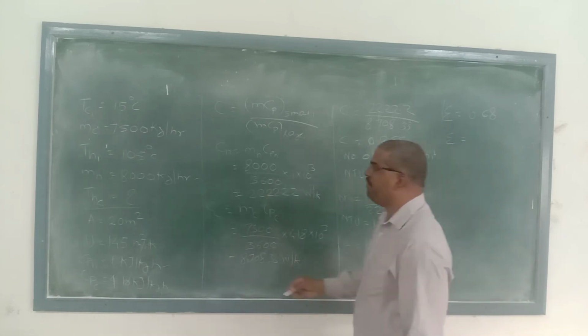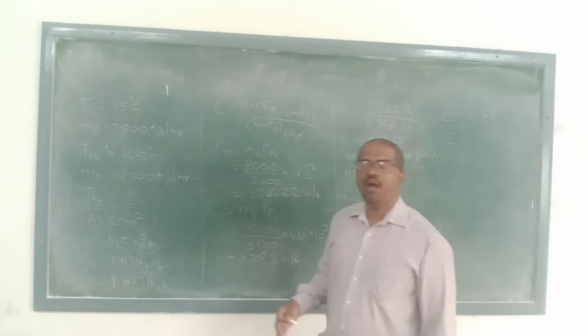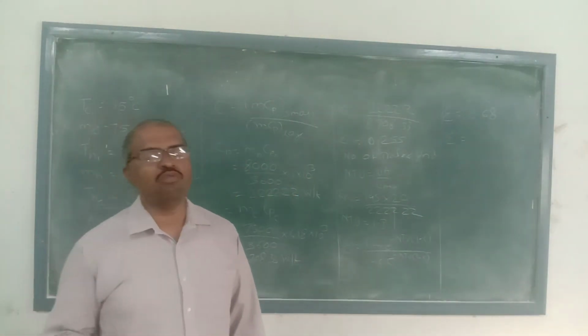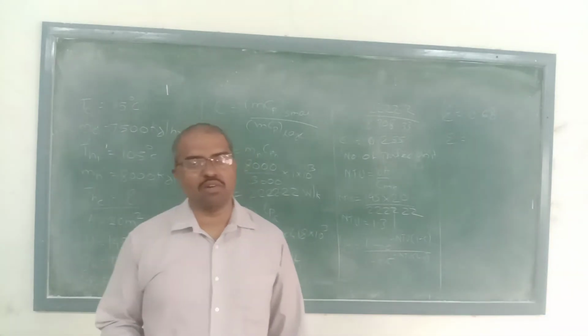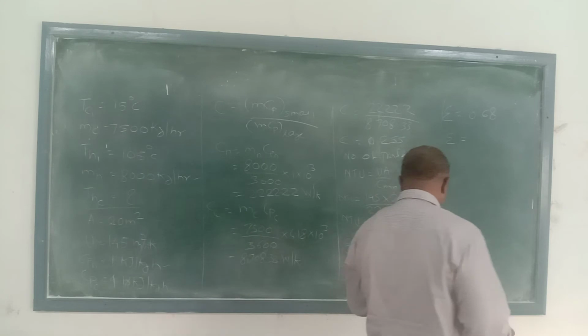Our ultimate aim is to find the exit temperature, but before calculating the exit temperature we have to calculate the effectiveness, because in the effectiveness formula we are using all the temperature terms.